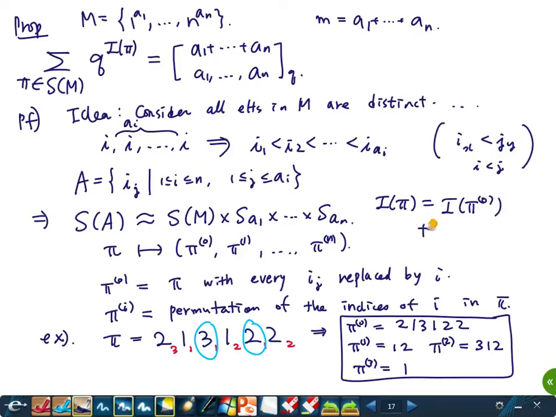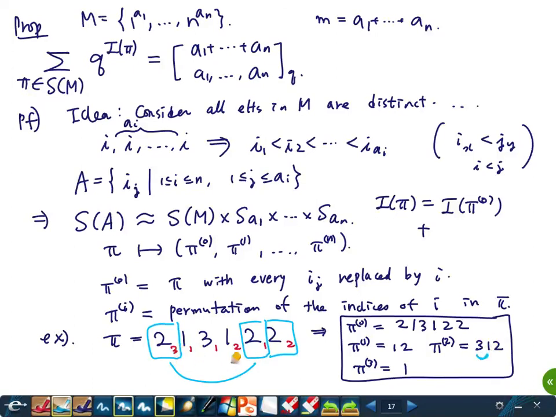But also, just look at this. This is an inversion, right? In pi. Because we assume that this is the first, the second, the third one. This is an inversion. This is an inversion here too.